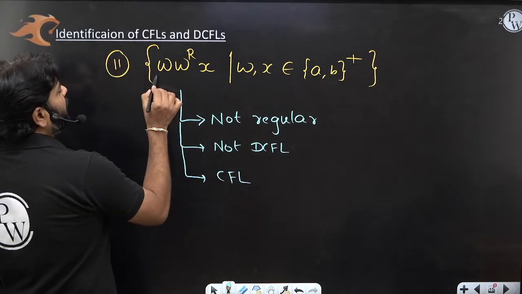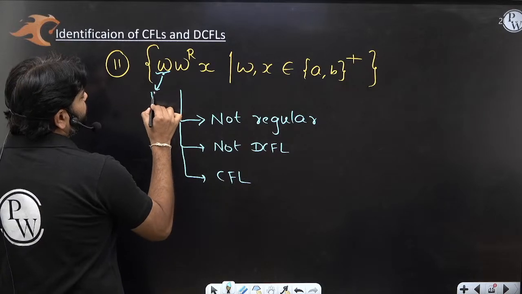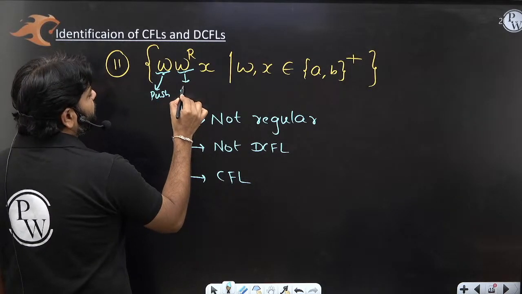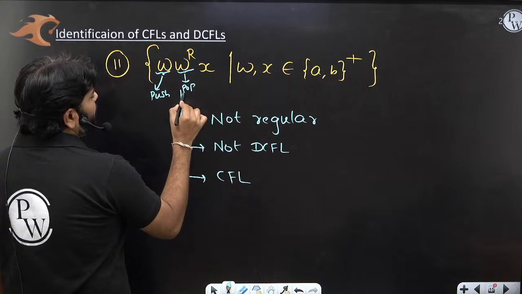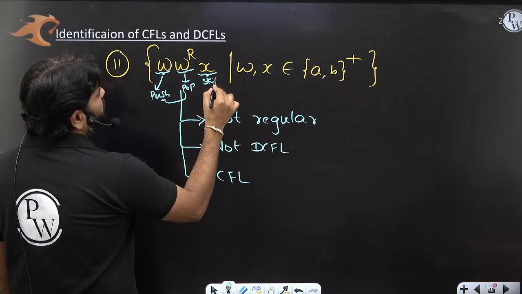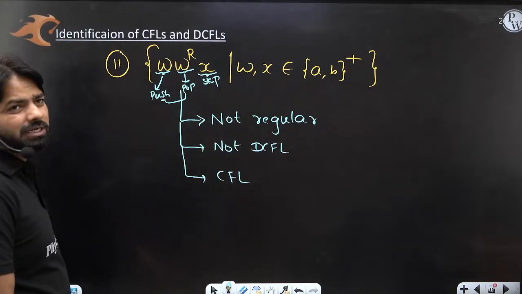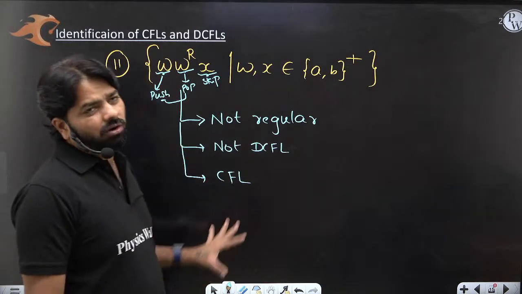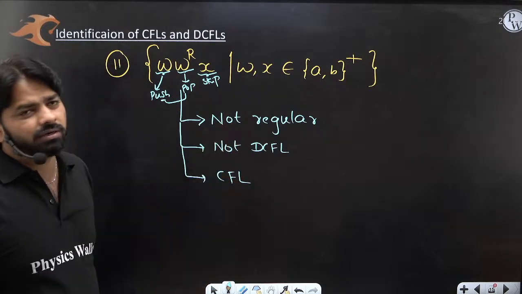Why? You can push this one, you can start popping, and this one you can skip simply. No need to do anything with the remaining symbols, but at least one symbol should come here. And this is a CFL but not DCFL, and also not regular.